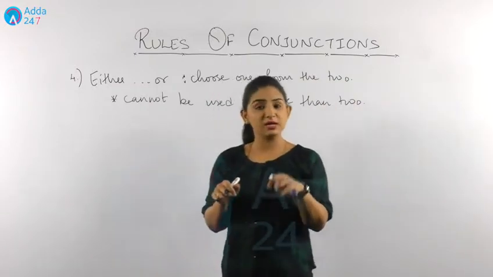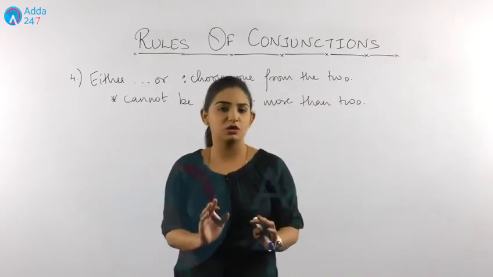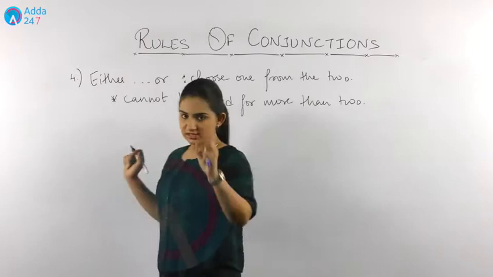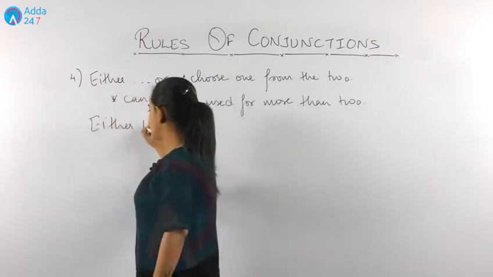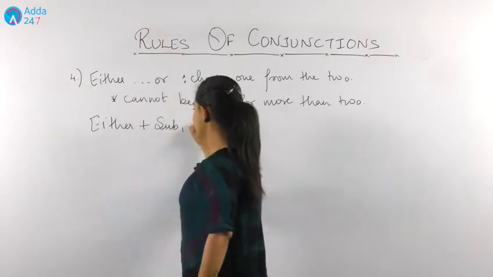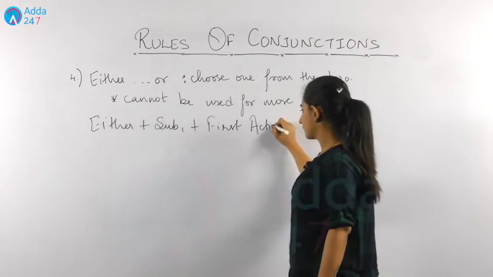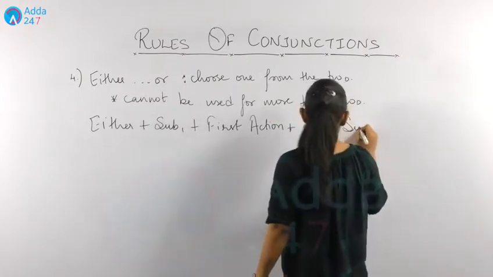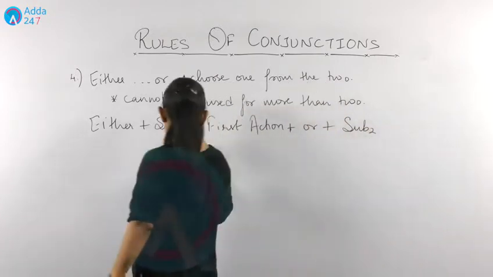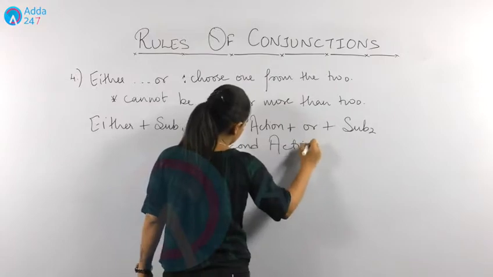Again, this can be either used in the beginning of the sentence or used in the middle of the sentence, right? So I'll give you one sentence structure that says either plus subject 1 plus first action, then or after that subject 2 and then the second action.